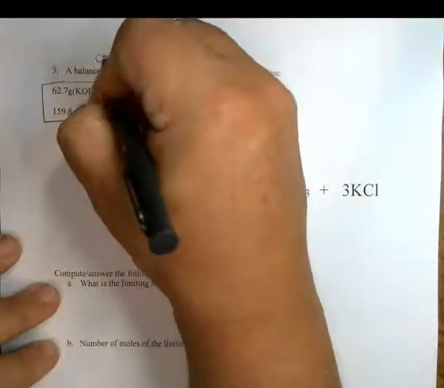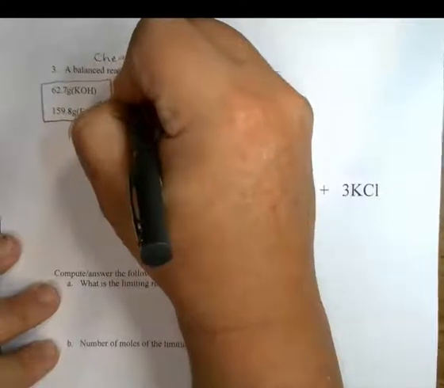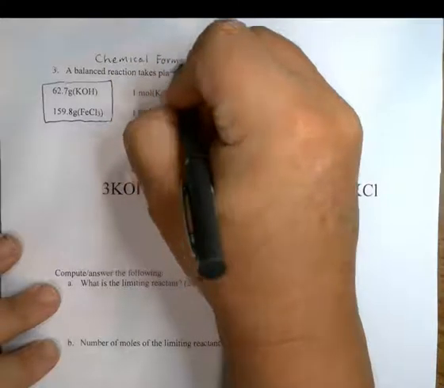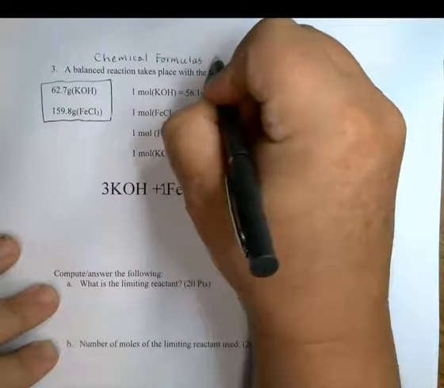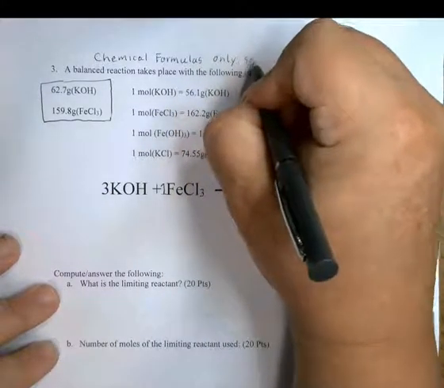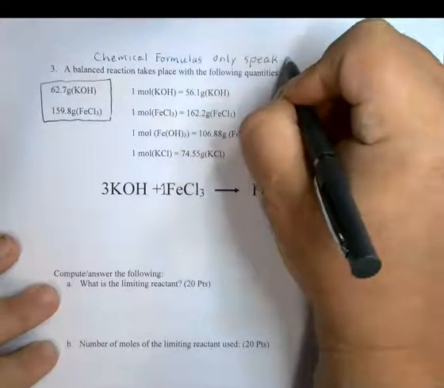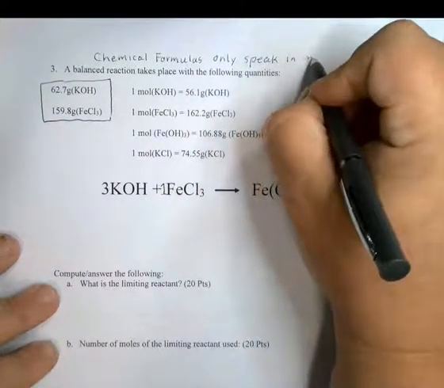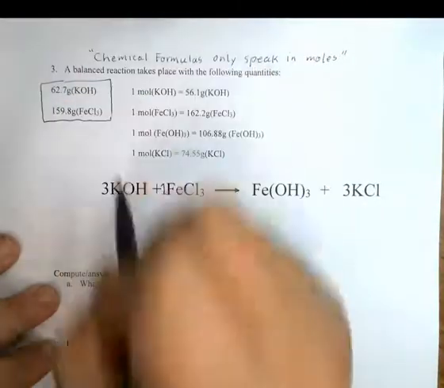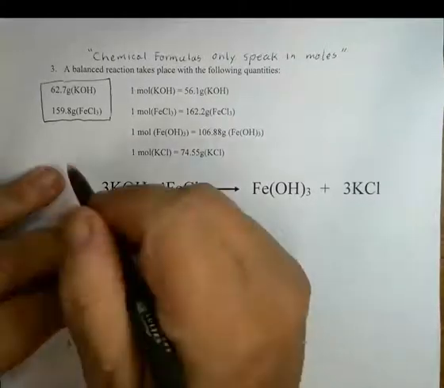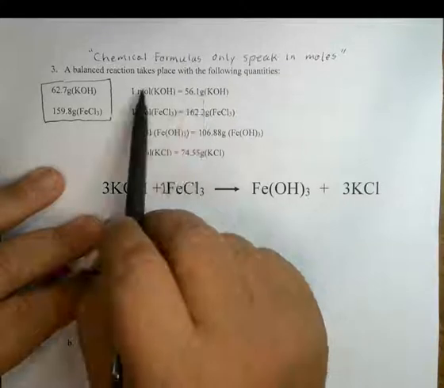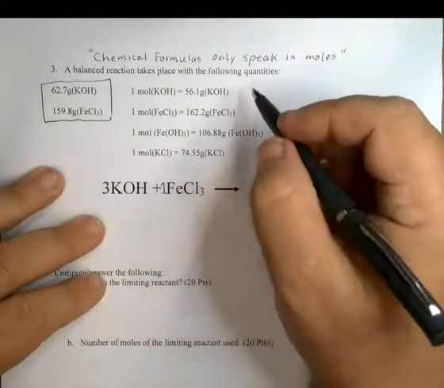So I would like you to write this sentence. Okay, and just remember that you have to have things in moles. It means we're going to have to take these and use these molar mass conversions to go from grams to moles. So go ahead and do that.